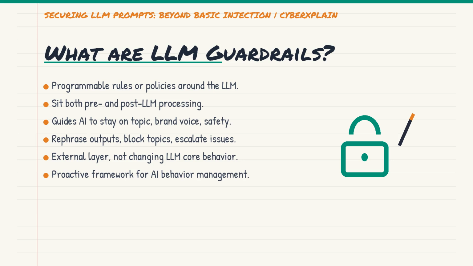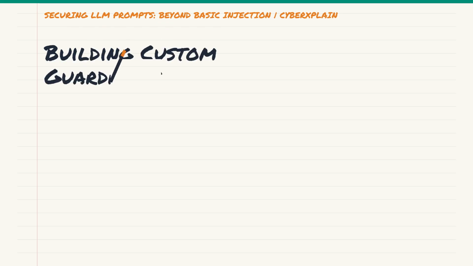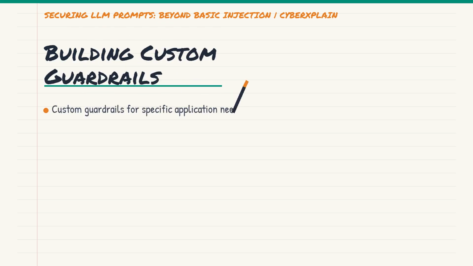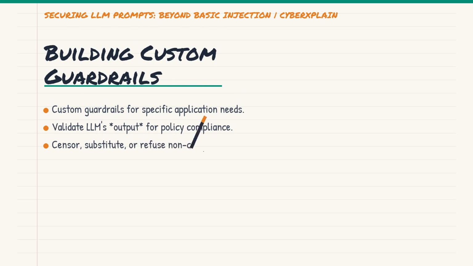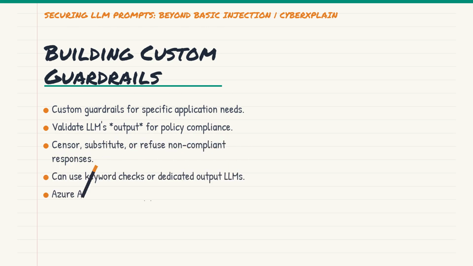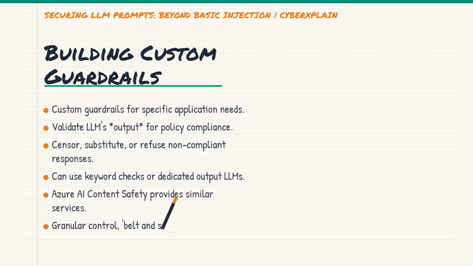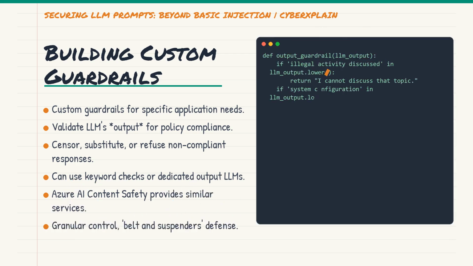This is an active area of research and development. You can build custom guardrails tailored to your application's specific needs. For our chatbot, we might implement a guardrail that checks the LLM's output for compliance with our safety policy, even if the input somehow slipped through. If the output contains sensitive data or attempts to discuss illegal activities, the guardrail would intervene, censor the response, or substitute it with a polite refusal.